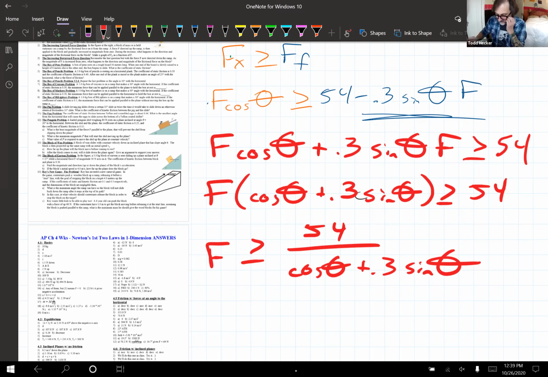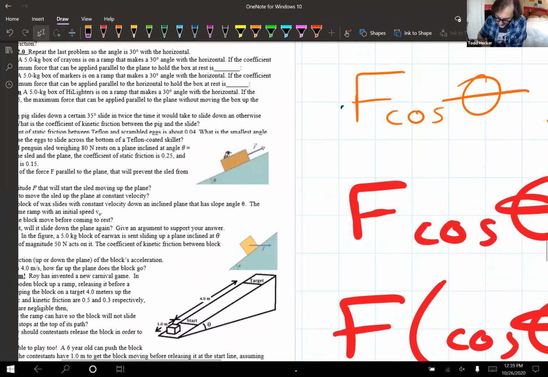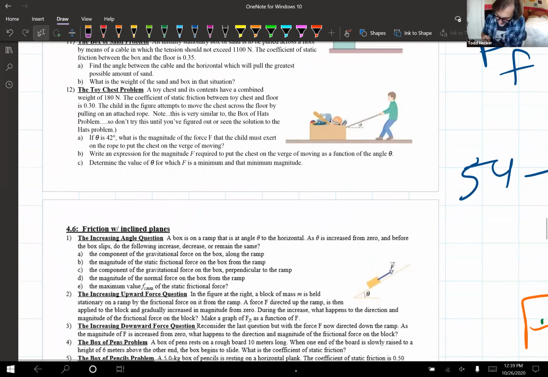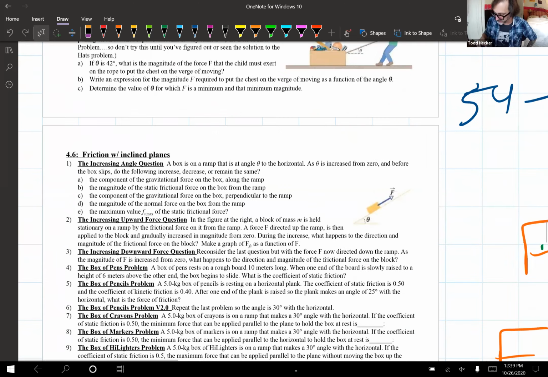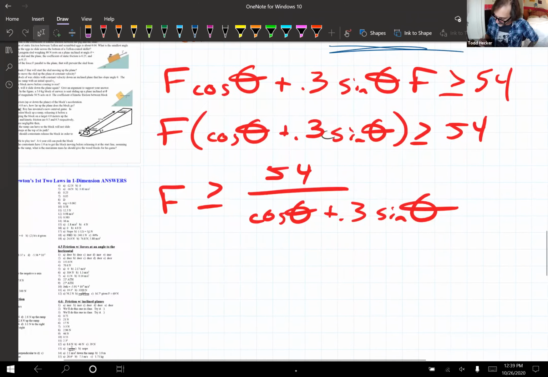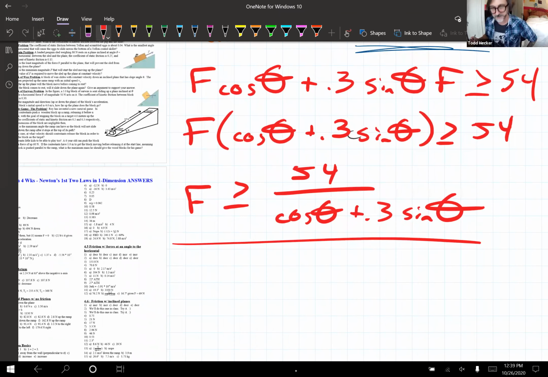All right, and then finally, the last question. What does the last question say? Determine the value of theta for which F is a minimum, and then find that minimum magnitude. So we want to minimize the value of this function.